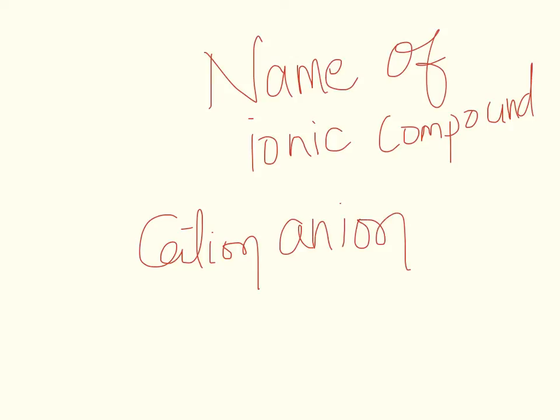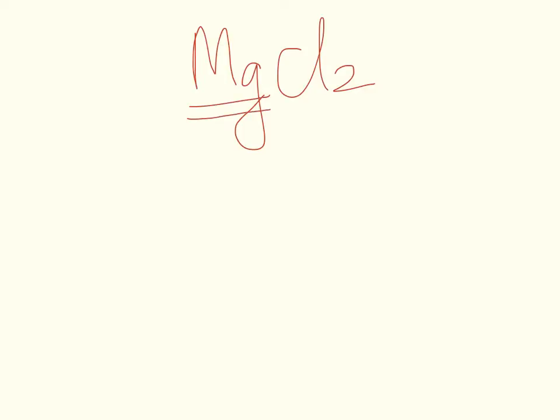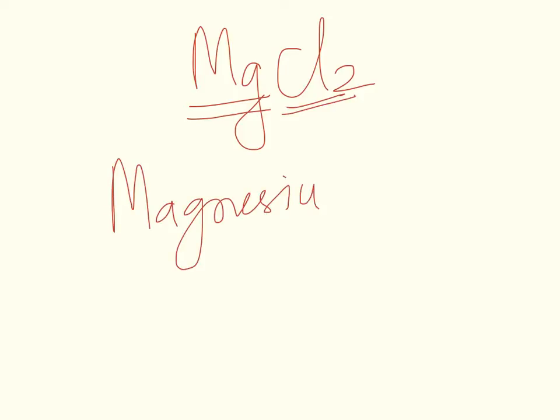For example, if you had something like magnesium chloride, what is the cation? The metal will be the cation and the non-metal will be the anion. So, magnesium chloride.